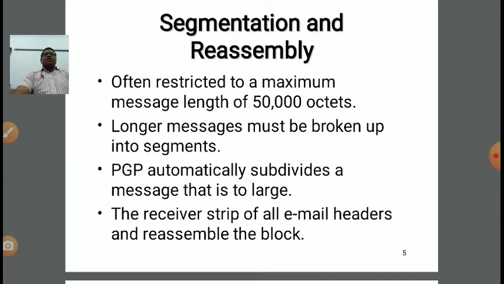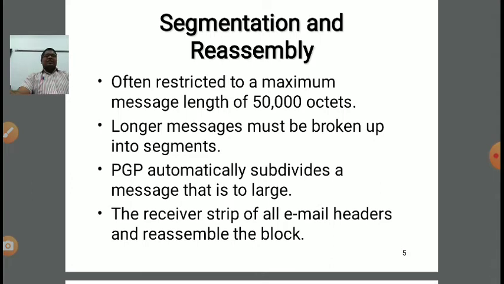We need to divide our email into different parts, of the size which is allowed to be sent at one time. Segmentation is often restricted to a maximum message length of 50,000 octets.